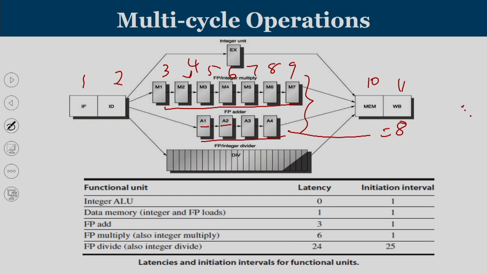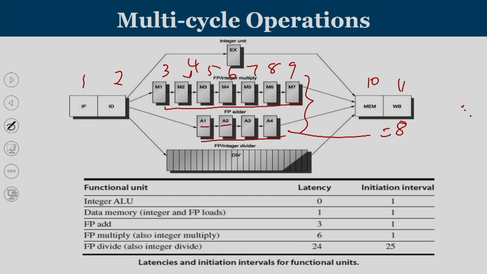Like already mentioned, your multiplication unit and the floating point addition unit are both internally pipelined. That means every new cycle I can take a new set of data, but each of these has to move through all these stages one after another. But there is one small difference in the case of the division unit.